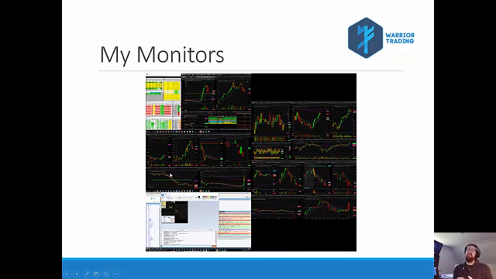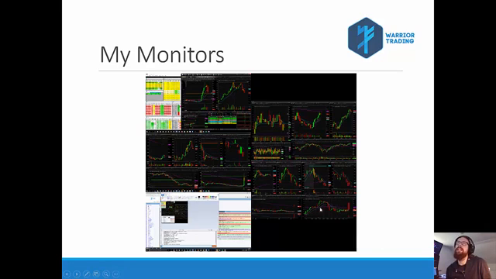So for a newer trader, if you don't have this type of layout, which most people might not have, you're going to be limited by your monitor space, and you'll have to make do with a little bit less than what I'm using. So some of the things that you could drop, you could consolidate.